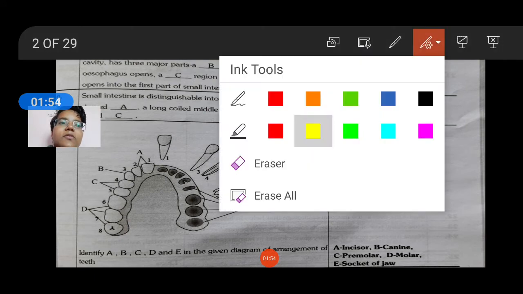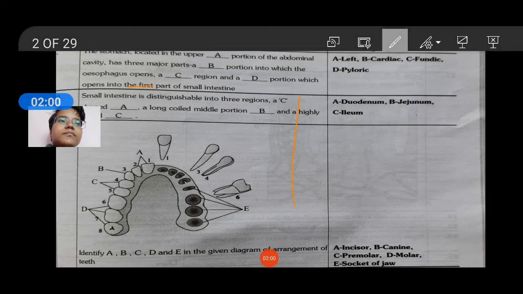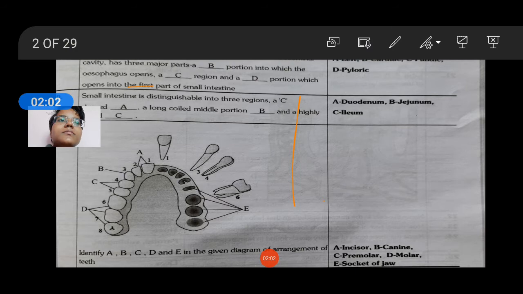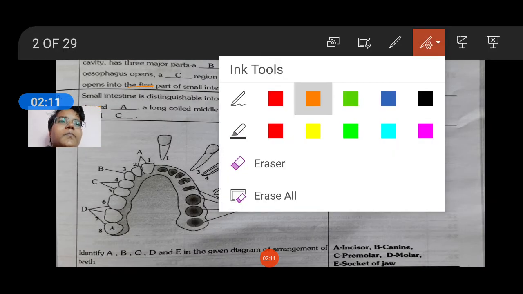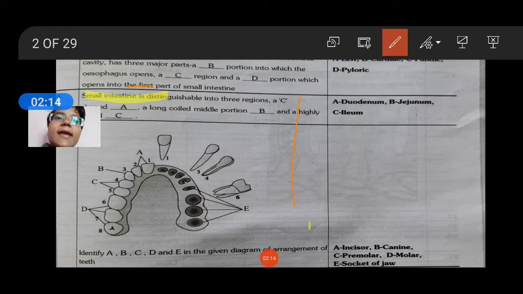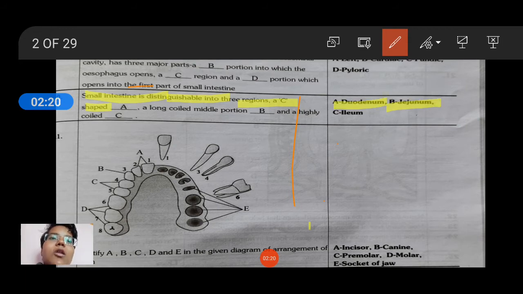The small intestine is distinguished into three regions: the C-shaped duodenum, a long coiled middle portion called jejunum, and a highly coiled ileum.